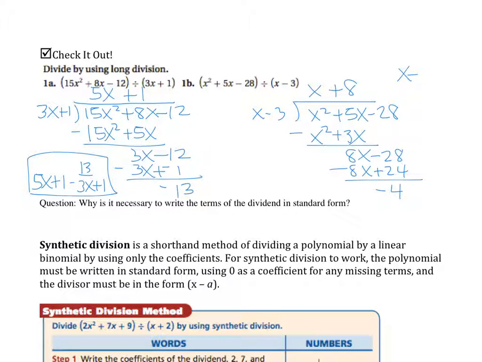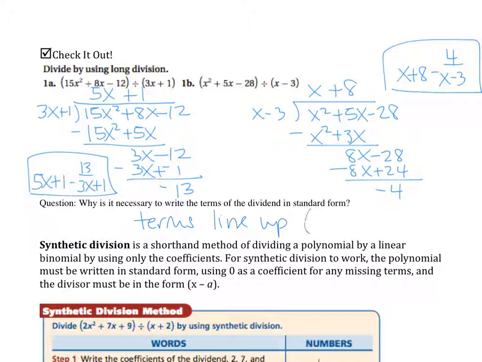This is x plus 8 minus 4 over x minus 3. You need to make sure it's in standard form so that your terms line up, and that your exponents.